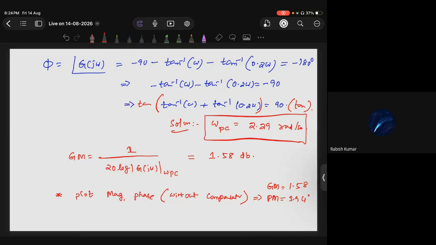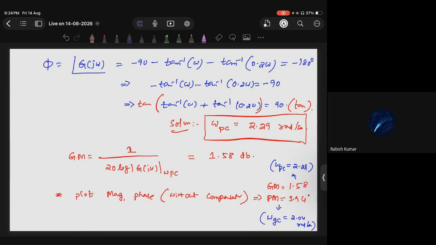Here for the gain margin, you will do the calculations for phase crossover frequency. What is the phase crossover frequency? So 2.29. And for phase margin, you will do the calculations for gain crossover frequency. What is the gain crossover frequency? 2.04 radians per second. Okay, so you'll get these two values.